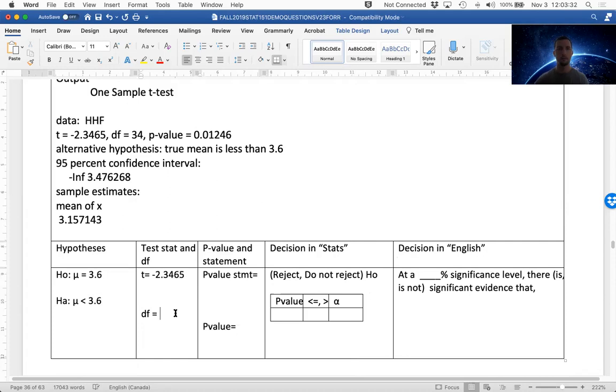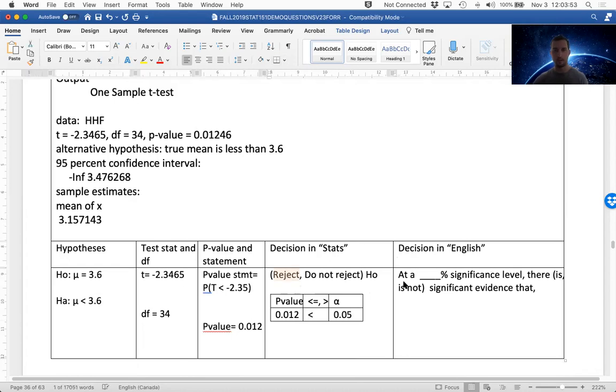We have our degrees of freedom, which is still 34. Our P value is going to be PT less than negative 2.35. And then the P value is going to be 0.012 in this case. Okay, so we have 0.012, which is less than 0.05.